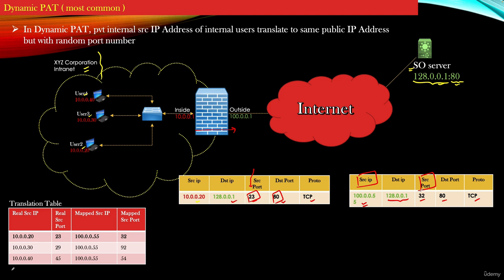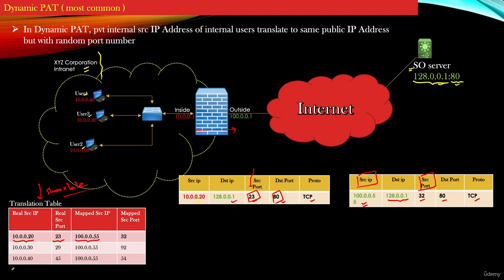And the firewall keeps track of this change in a table called the translation table. So this table is maintained by the firewall internally. You can see this table on the firewall using the command show xlate. So here you can see that it is keeping track that the packet has the real source port number 23.